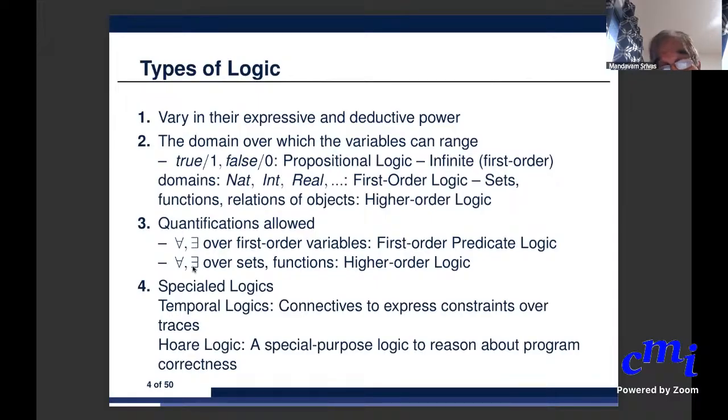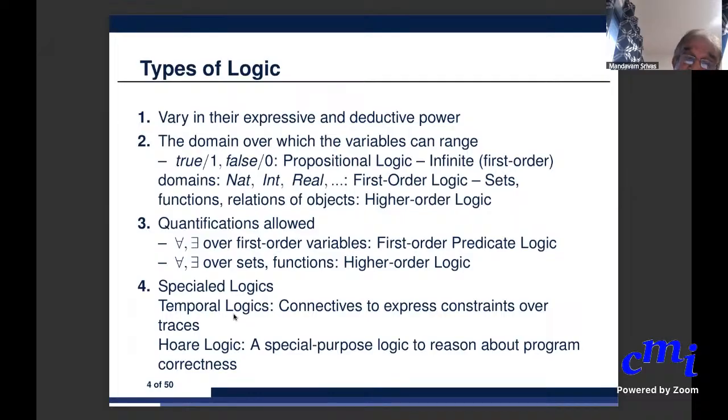Then you have specialized logics, which are tailored to express the behavior and properties of restricted systems. For example, temporal logics use particular kinds of connectives. They are specialized logics tailored to describe program behaviors, which are expressed by constraints over traces.